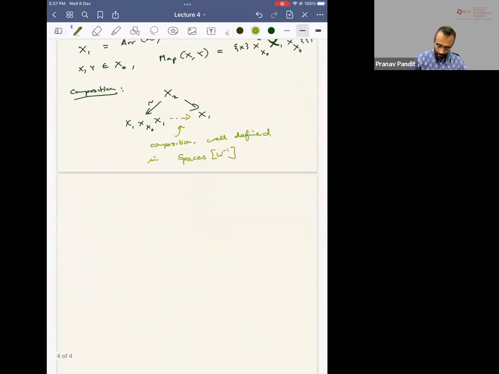And the two observations that we made, the first is that if X is a complete Segal space, let me say script X is just notation for X, is a Segal category.